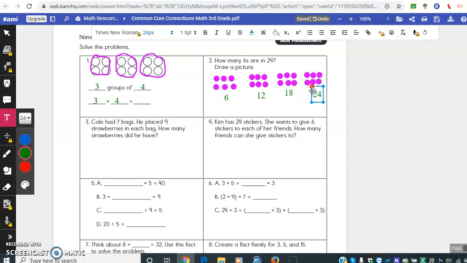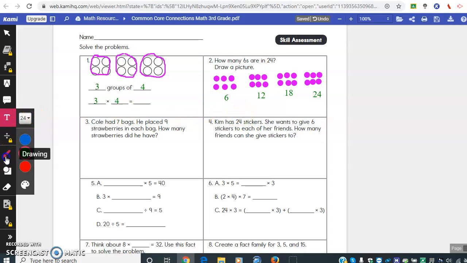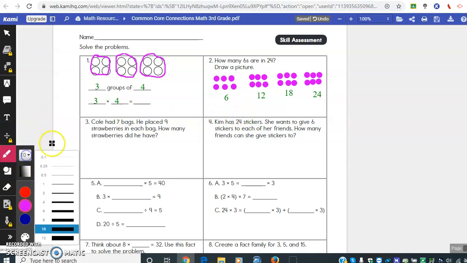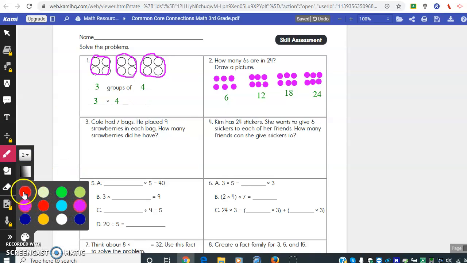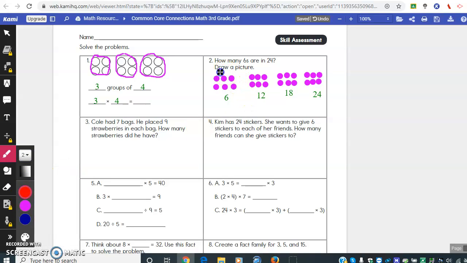So the question is, how many groups of 6 did that take? If we come back over with our pencil and a new color, I've made 1 group of 6, 2 groups, 3 groups, 4 groups. So it takes 4 6s to make 24.